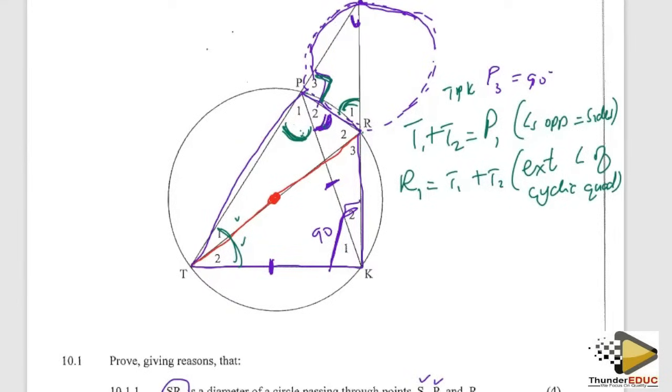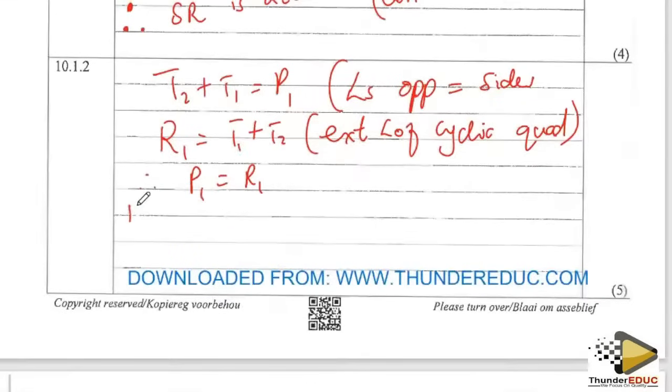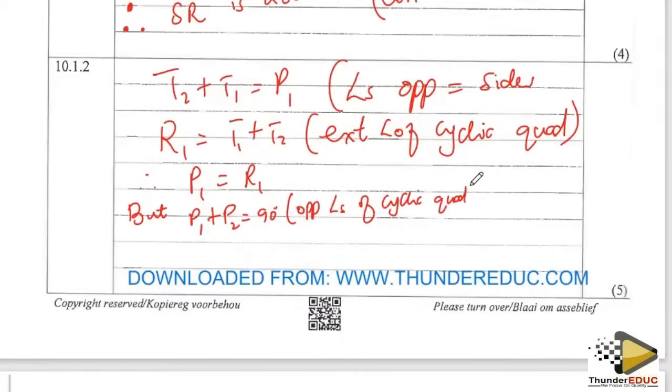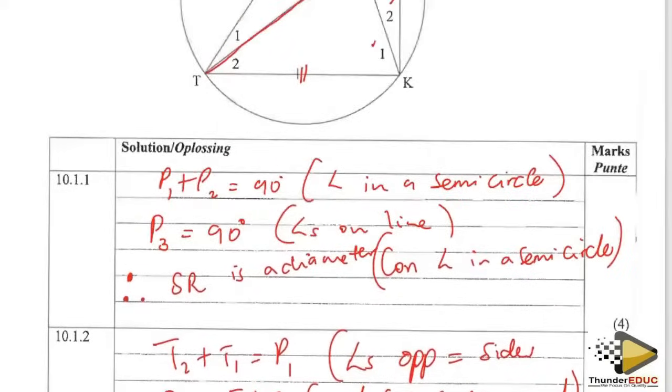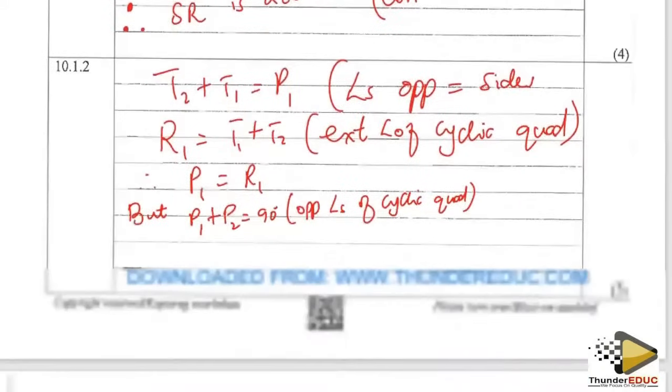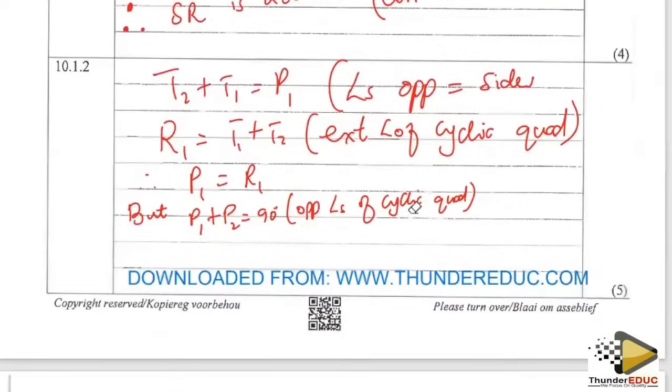Let me start by saying P1 plus P2 is equal to 90. Those are the opposite angles of the cyclic chord. If not, we will prove that the angles in the same side. Let's just stick to that. Angle in the same side.